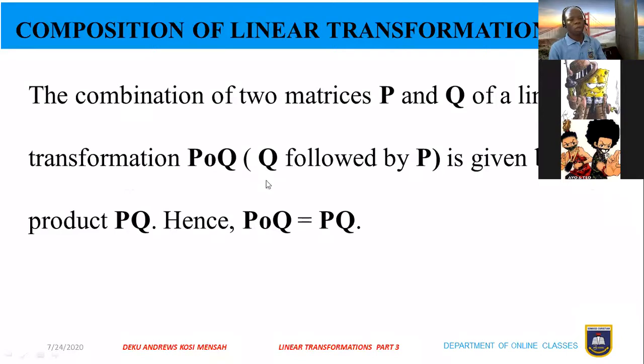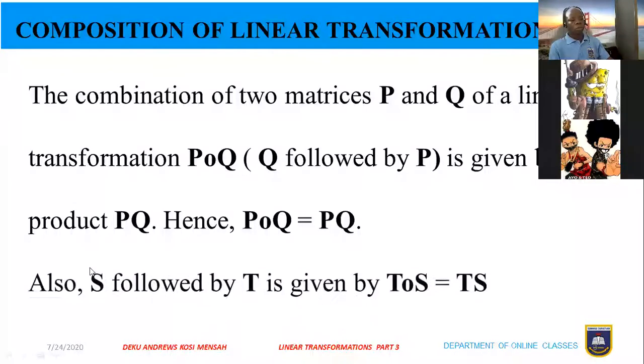POQ means Q followed by P, is given by the product PQ, which means that if you're finding the composition of two matrices, it is simply the product of the matrices. The first matrix followed by the second matrix.